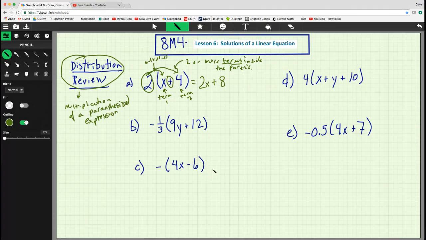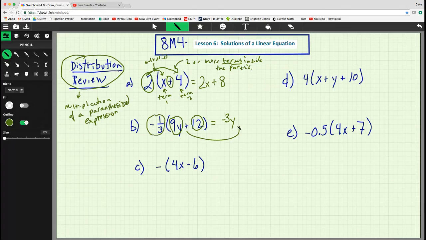Okay. So in this case, let's look at B. On the outside, we have negative 1/3, and on the inside, we have 9y plus 12. So negative 1/3 times 9y is negative 3y.